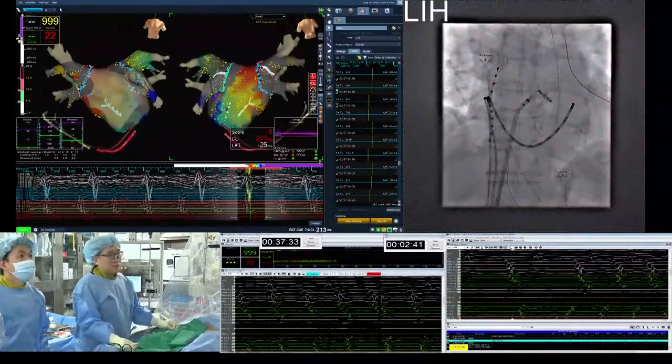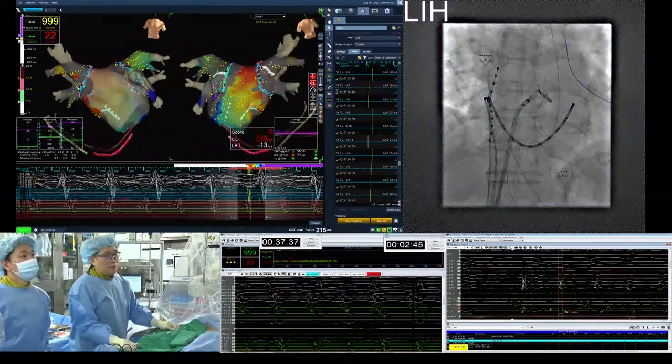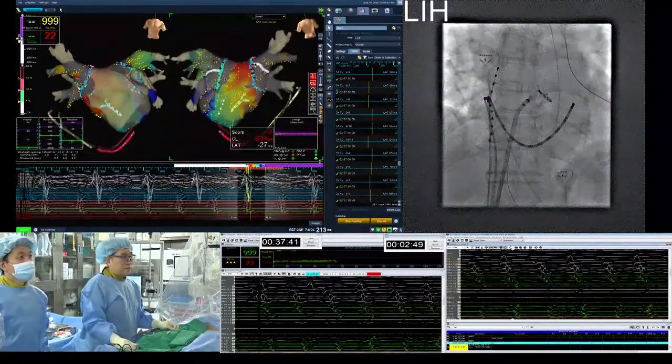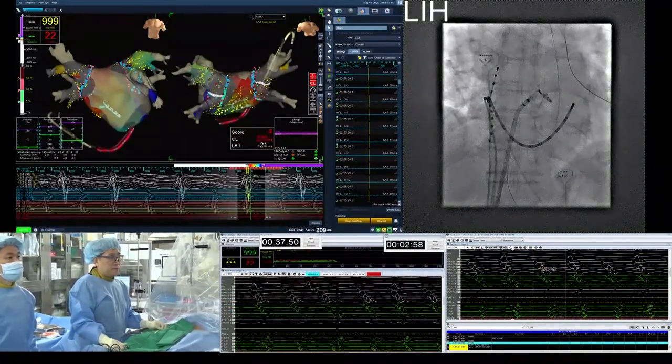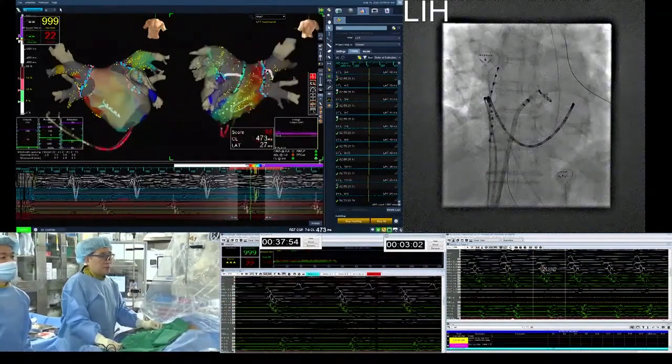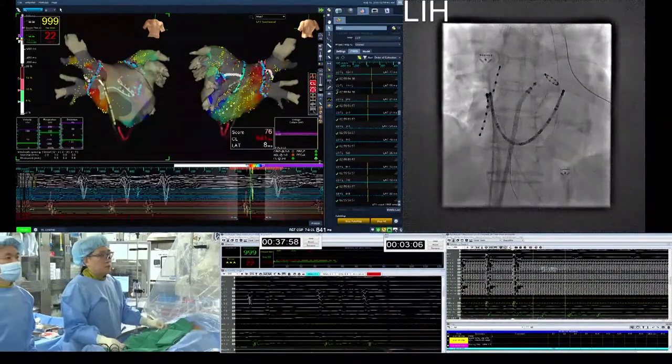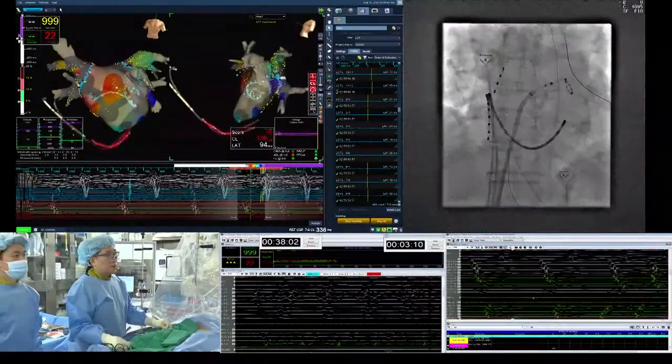Some people finish up the case in this situation, but I always try to confirm whether there is an extra-PV trigger or not by isoproterenol provocation.